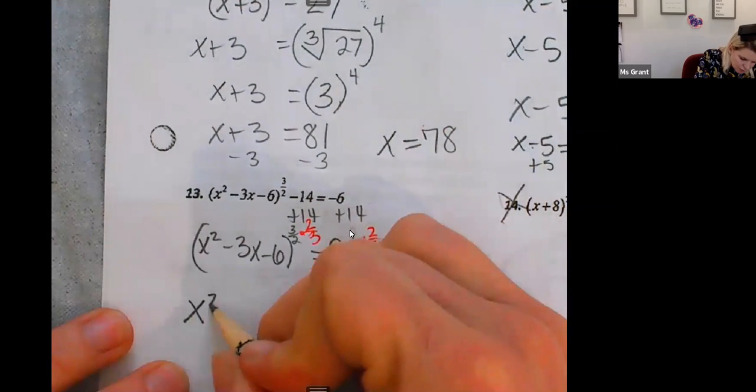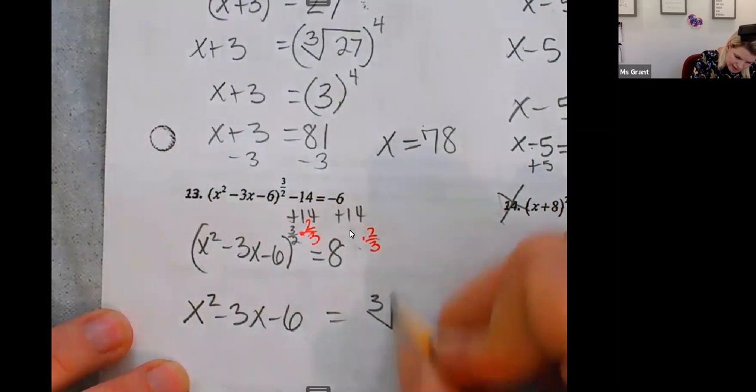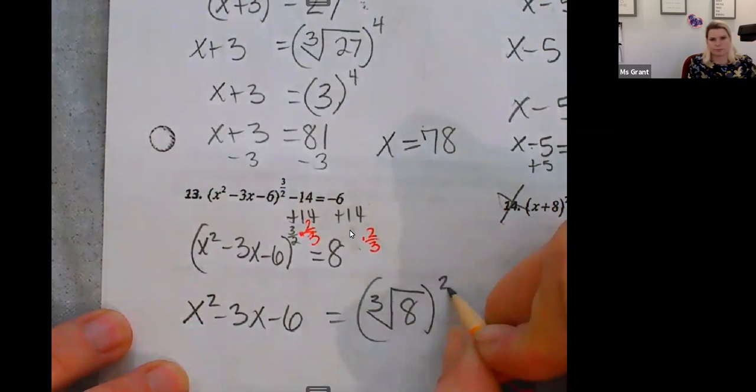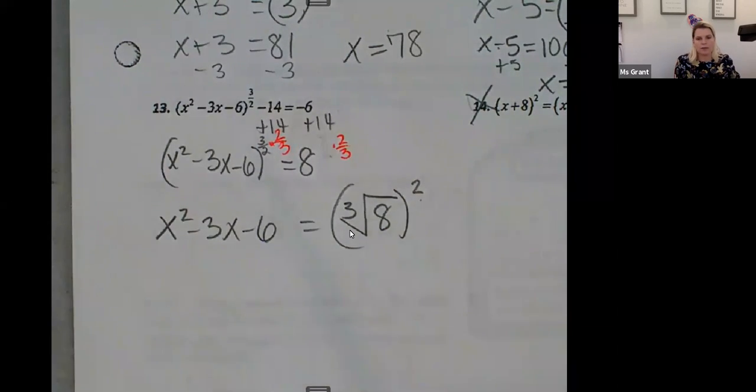Now I just have x squared minus 3x minus 6, and then I have the cube root of 8 squared. I skipped a step, okay? It's an even power, which means I'm not going to do plus or minus. So someone tell me now.